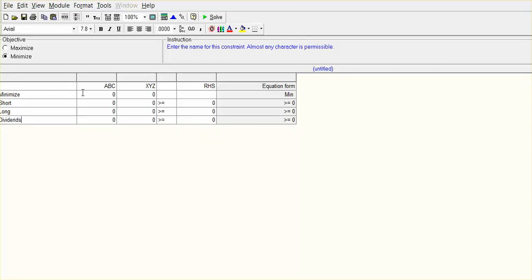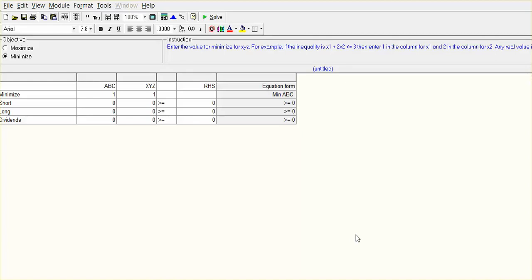So let's look at this minimization. As I pointed out, given the criteria, given those constraints, I want to short term make $1,500, long term $3,500, and my dividends of $500. With that in mind, what is the minimum dollar investment that I have to make? The minimum. So in this particular case, I am simply going to put 1 and 1 because I don't know.